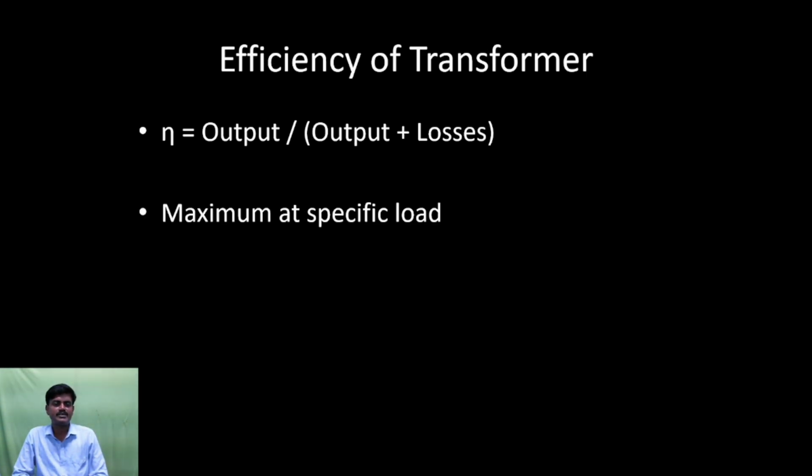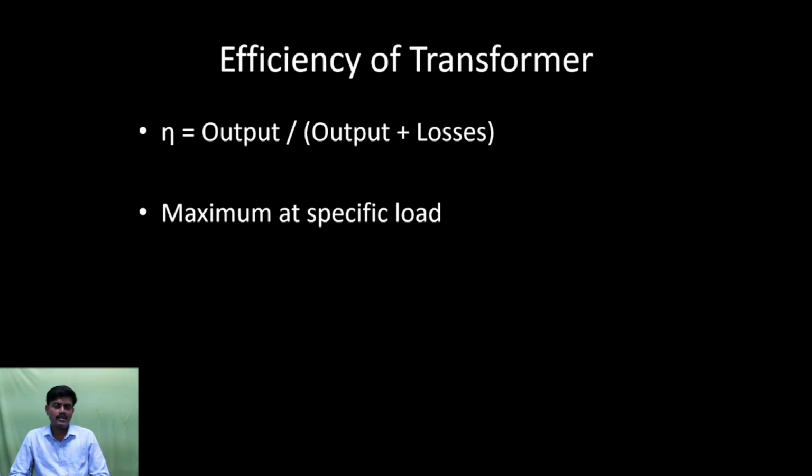Then the efficiency of the transformer. If I consider any device, we should monitor its efficiency. If I want to use the device, I have to measure the efficiency of that particular device. So here also we have to consider the efficiency of the transformer.